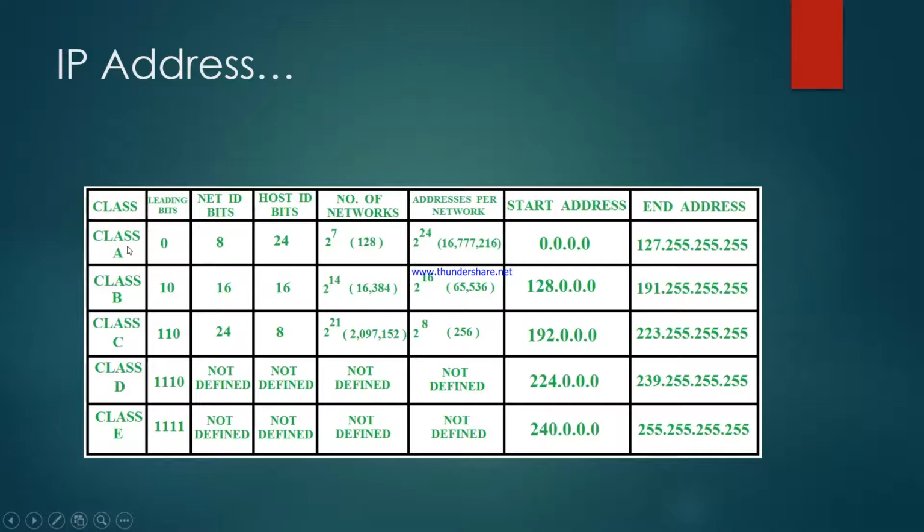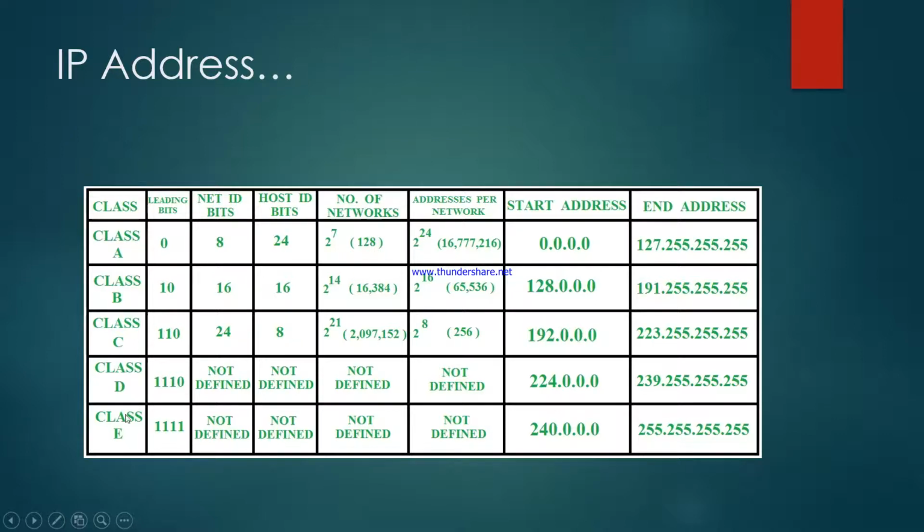So, in class A the net bits are 8 and host bits are 24. Class B net bits are 16 and host bits are also 16. See here, if we add the net bits and host bits, it will always be 32 bits: 8 plus 24 is 32, 16 plus 16 is also 32, 24 and 8 is also 32.